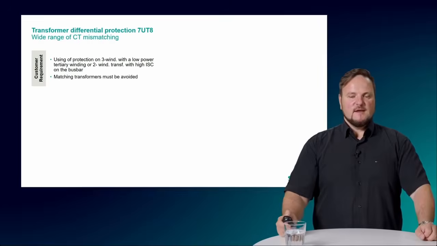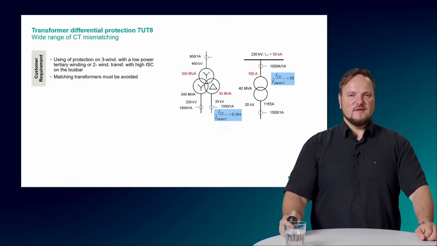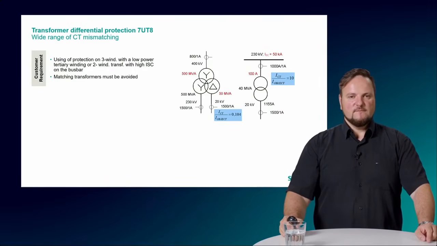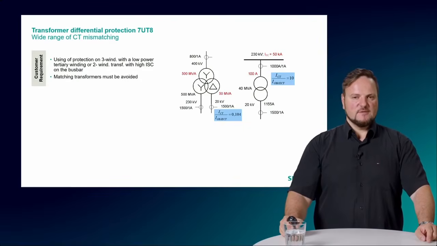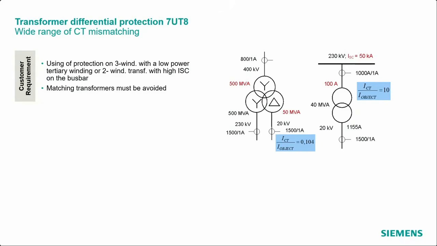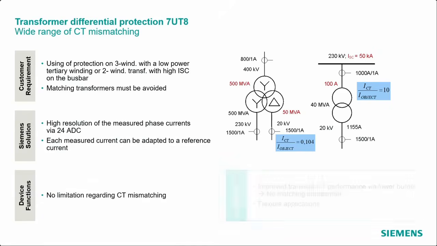So, last but not least, in cProtect 4 we sometimes had the topic with the matching transformers, or the adaptation factor. Sometimes we have a 3-winding transformer with side 1 and side 2 which is very big, and then we have a delta winding connected which is very small. Due to the very low currents there, we have a CT mismatching.